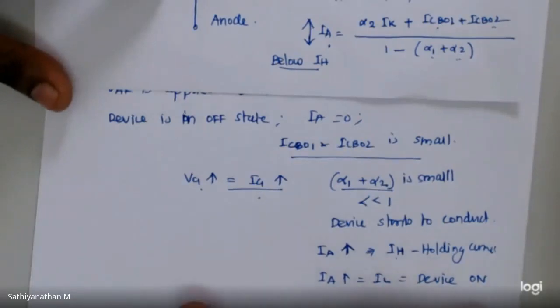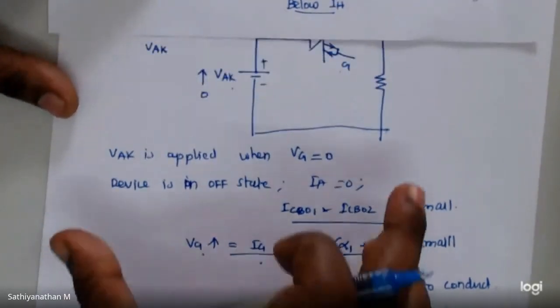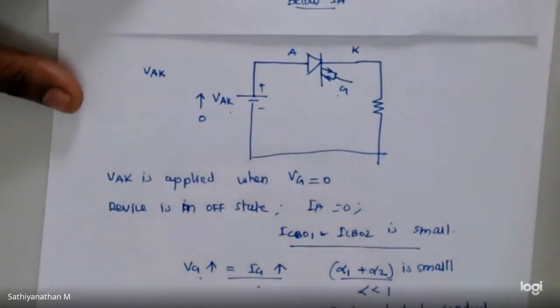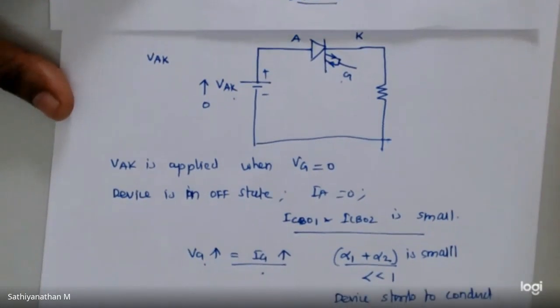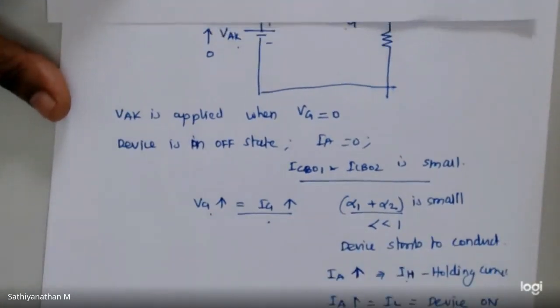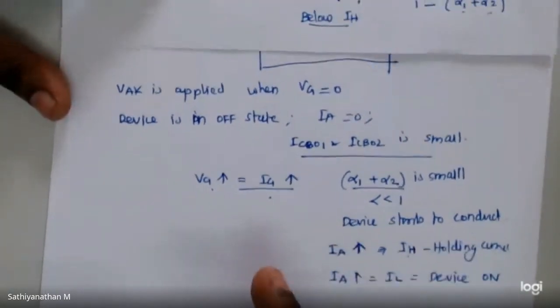So up to this, you can feel the operation of a normal SCR, a normal thyristor, right? And if you want to turn off, that is difficult in SCR, but here we are able to turn off the device using a negative gate pulse.